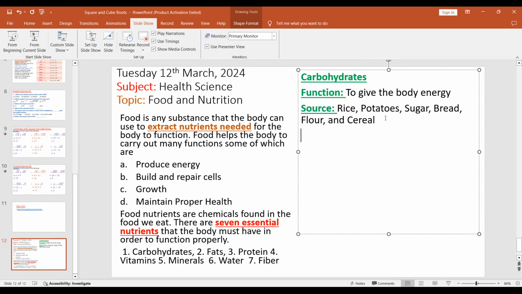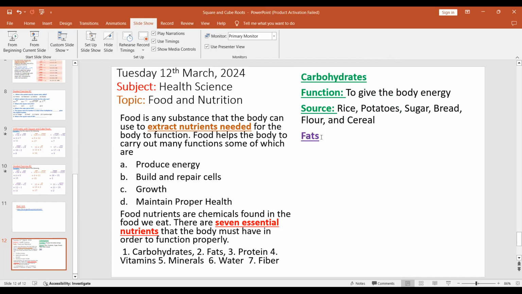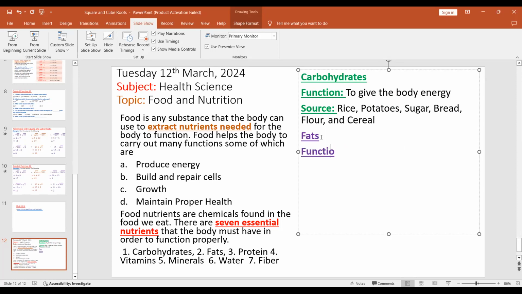Okay, next up, it is the fats. Fats really help the body to store energy. We aren't going to need the elements for the exam.